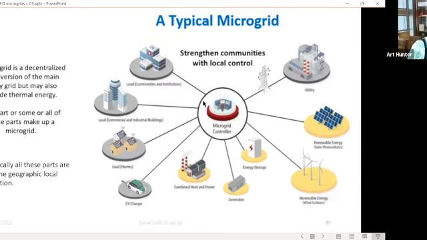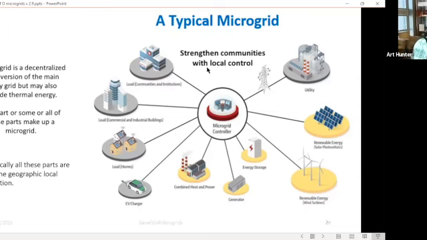It can be one or some or all of the above. And of course, one common element is a connection to the grid. Typically these parts are located in one geographic area, which we can call a community.